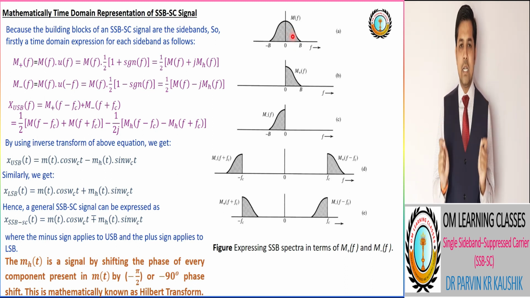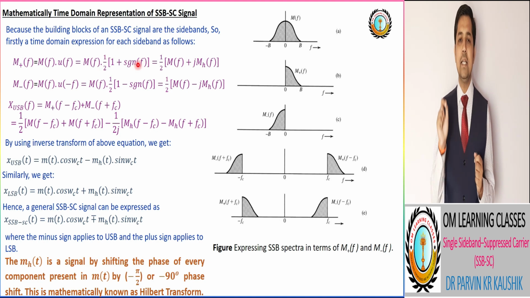Now, if we multiply this modulating signal with the unit step signal U(f), then the result is M(f) times 1/2 (1 plus sgn(f)). U(f) is equivalent to 1/2 (1 plus sgn(f)).